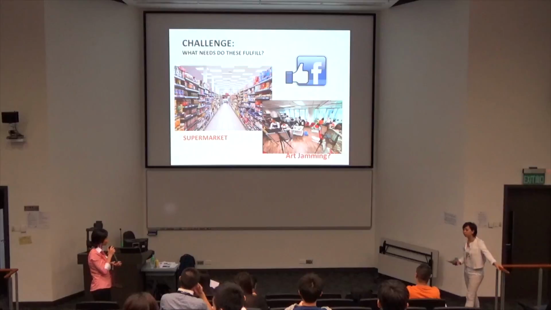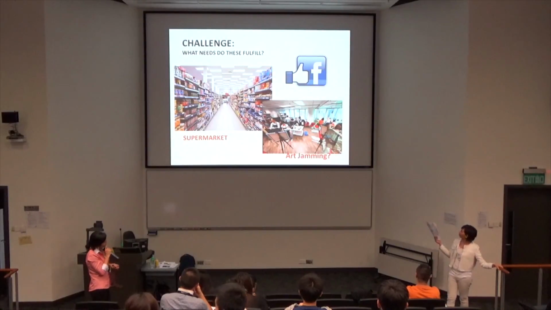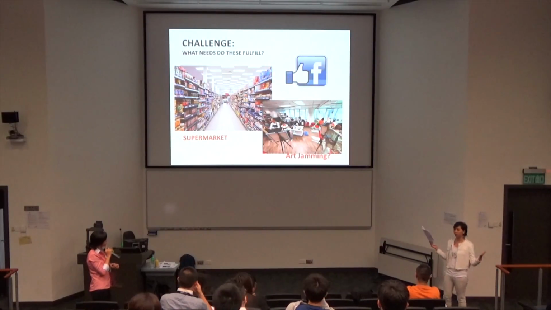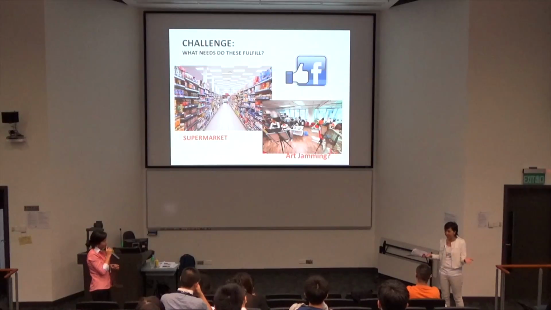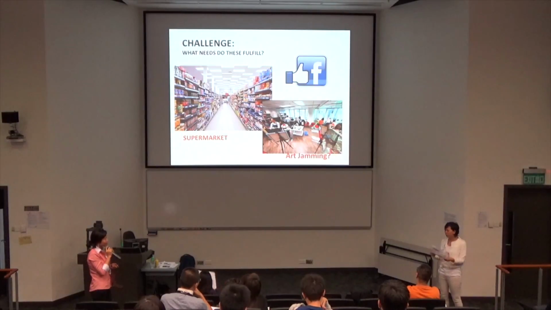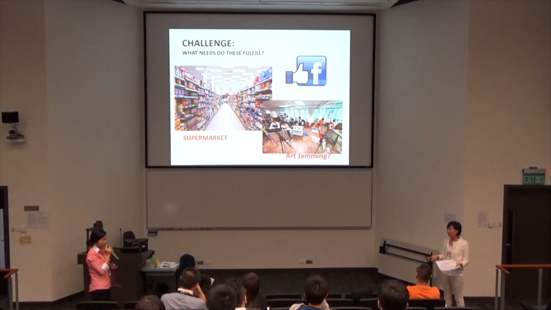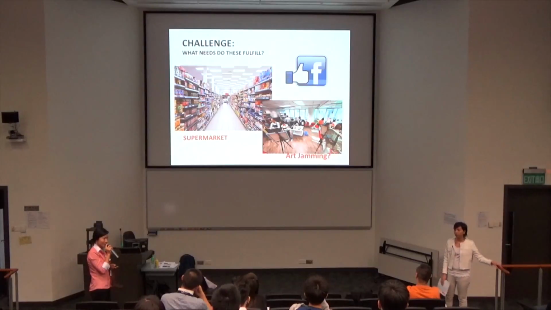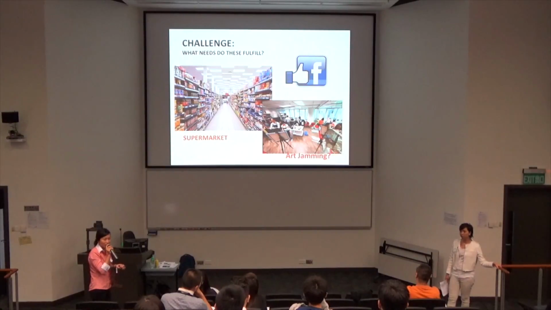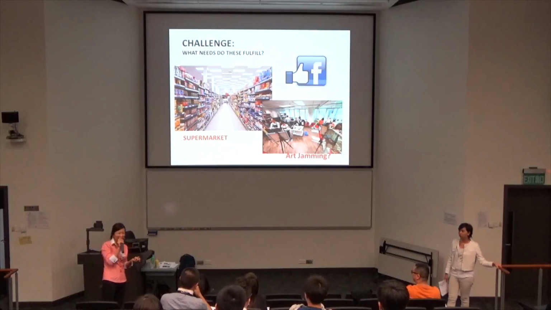Every innovation fulfills a need. But have you thought about the creation of art jamming? How is it different from art classes? Art classes fulfill a certain need, but how does art jamming differ? Does it fulfill any extra needs that you don't know? Anyone tried art jamming? No, that's why you cannot imagine.